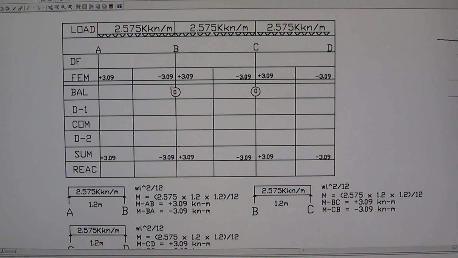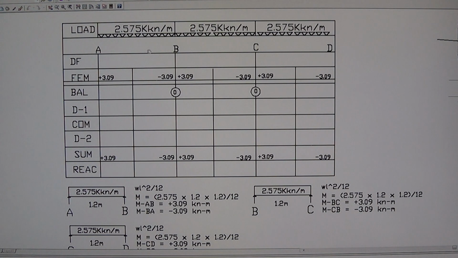Since there's nothing to balance here, the balance is 0. If you add these 2 here, negative positive is equal to 0. Same thing with the joint C. So there is nothing to distribute here. The moment distribution is mainly used when the joint of your frame has an unbalanced moment.